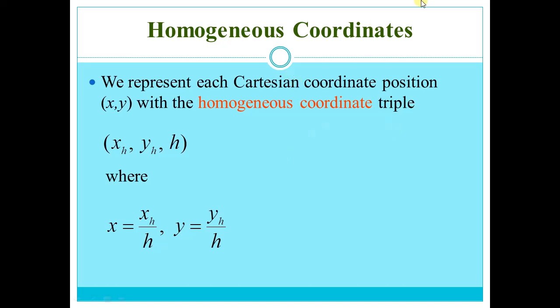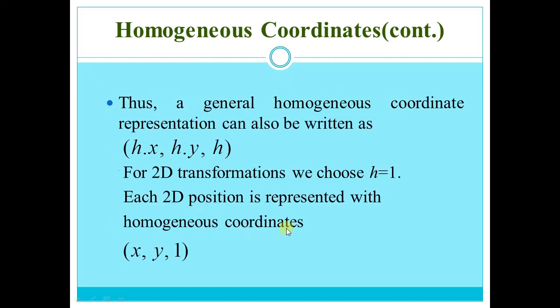We represent each Cartesian coordinate position with the homogeneous coordinate triple, that is x coordinate, y coordinate, and we are adding one new component, that is the h term. Now h can be any non-zero term where x is equal to xh upon h, y is yh upon h.